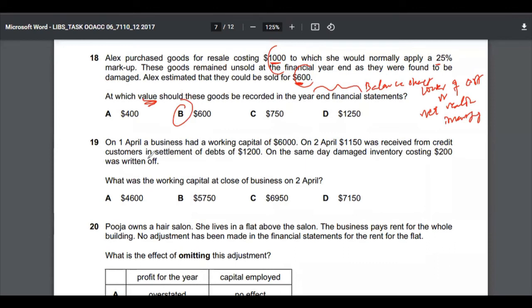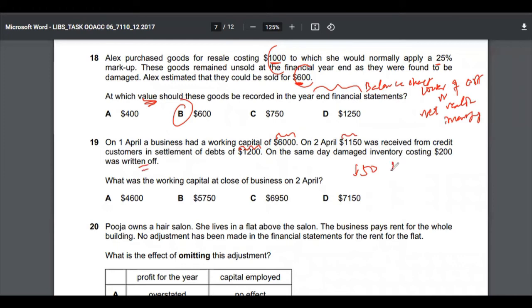Option B. Let's look at multiple choice 19. On 1st April, a business had a working capital of $6,000. On 2nd April, $1,150 was received from a credit customer in settlement of debts of $1,200, right? So $50 was received less. On the same day, damaged inventory costing $200 was written off.